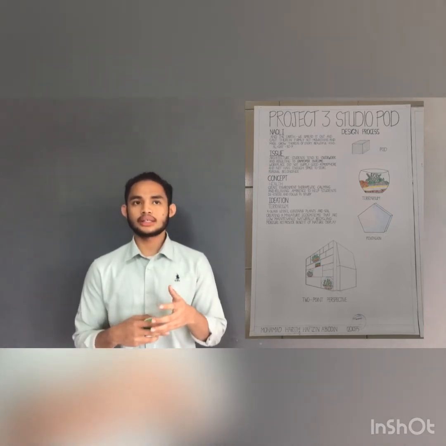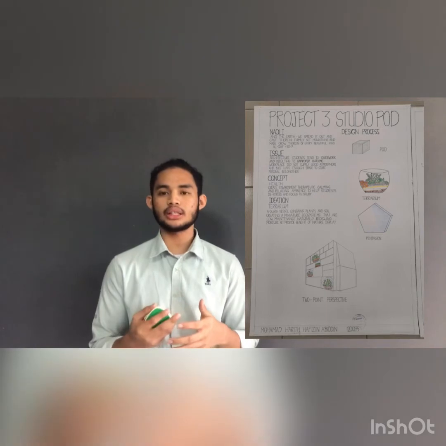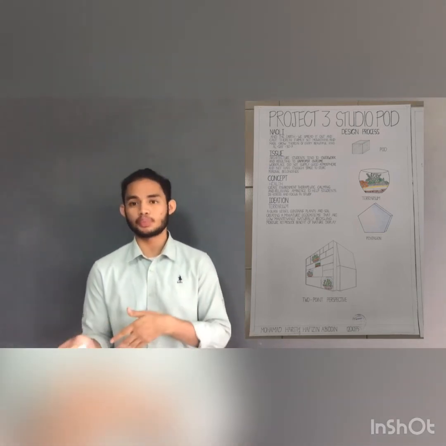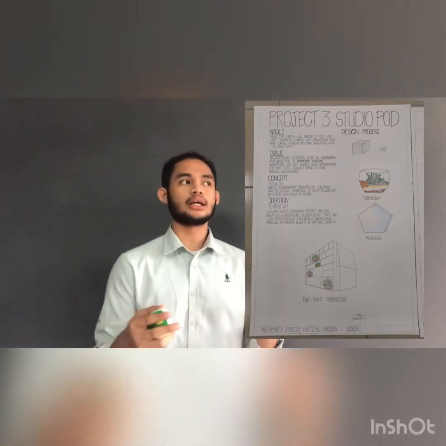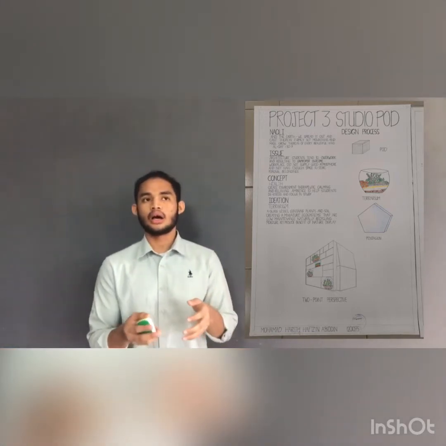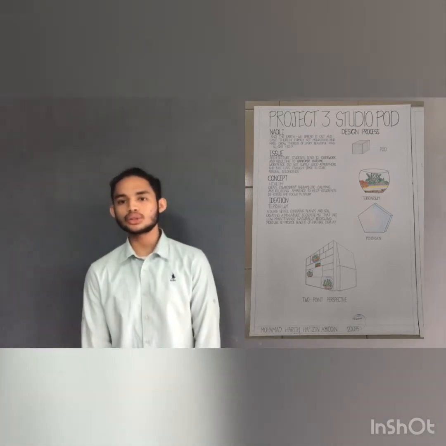The task also had a compulsory requirement for what we put inside the design studio pod, which is a drafting table and a chair for us to sit in the pod.